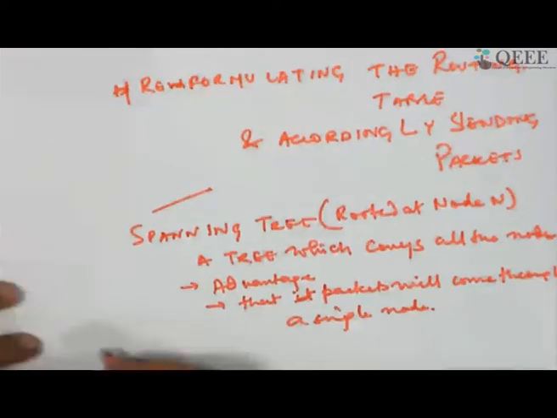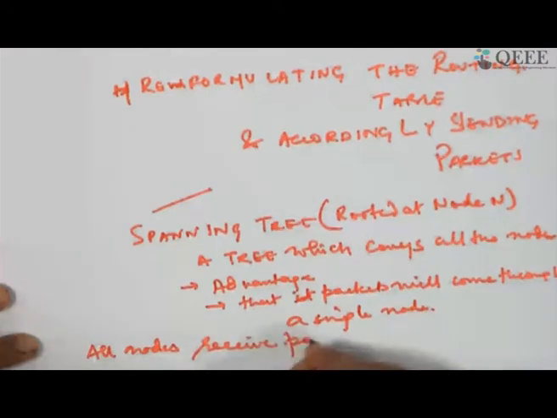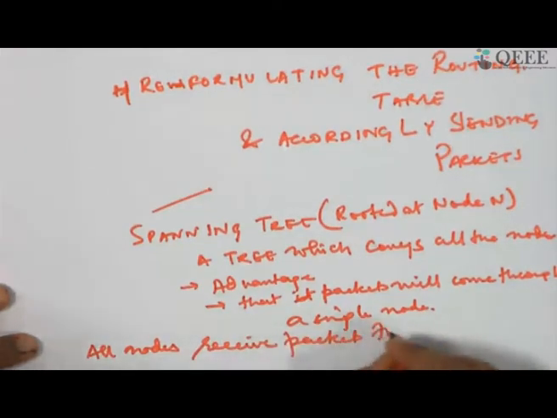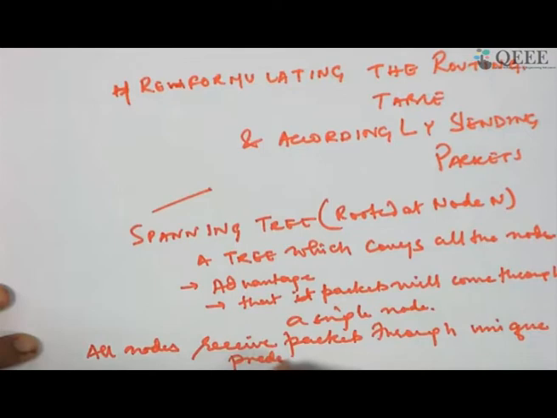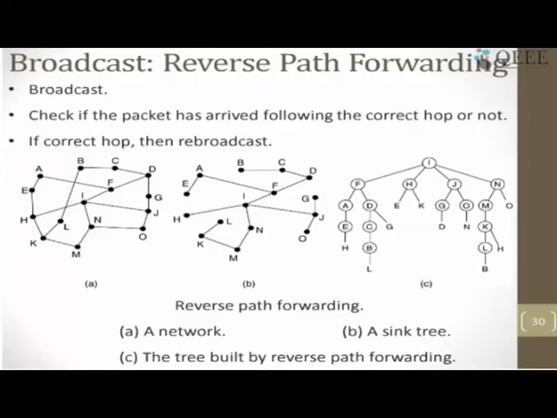So what is happening? All nodes receive packets through a unique predecessor. Okay. But a spanning tree is a logical concept.